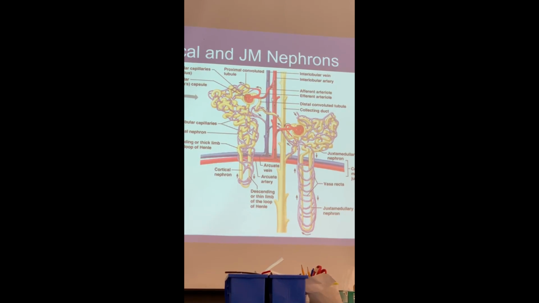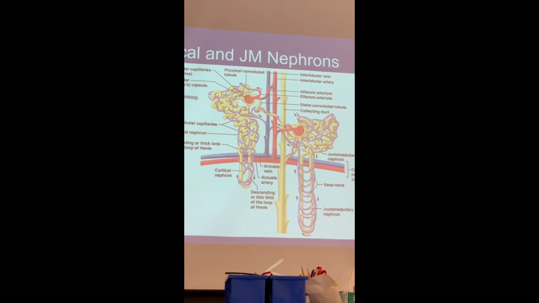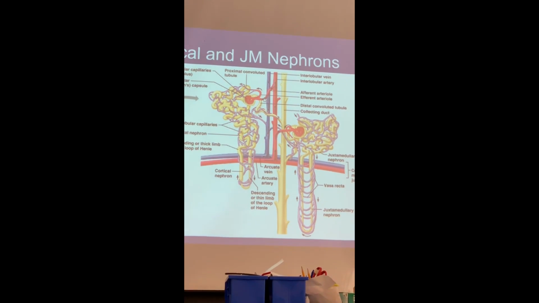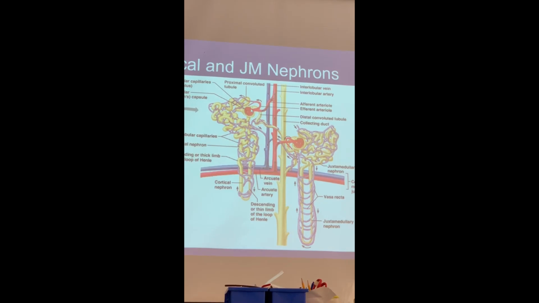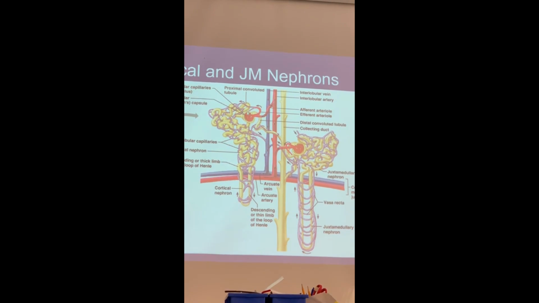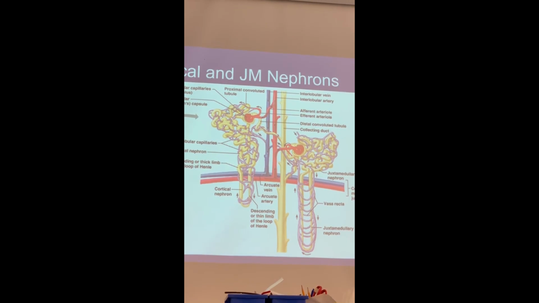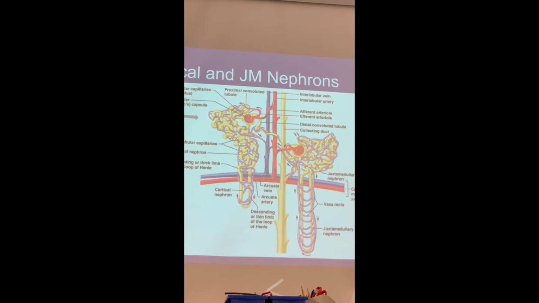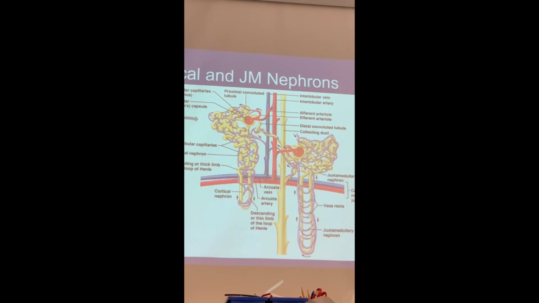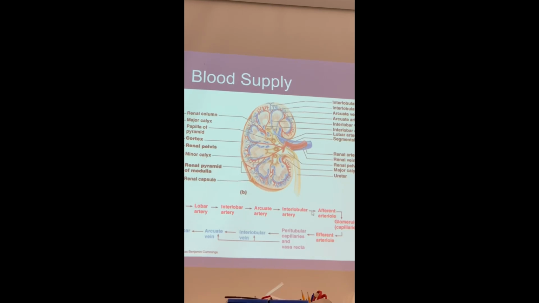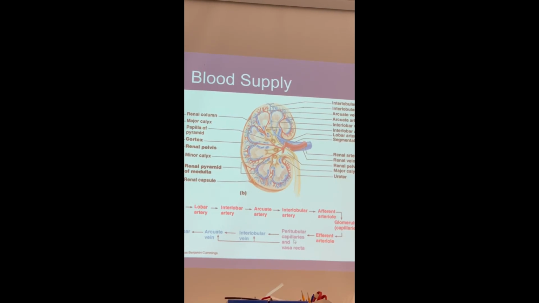Then each interlobular artery gives off the afferent arteriole, which then goes and forms the glomerulus, of course, and then the efferent arteriole, and then the peritubular capillaries and vasa recta, if we're talking about a juxtamedullary nephron. Right? And then that drains, and it's variable.